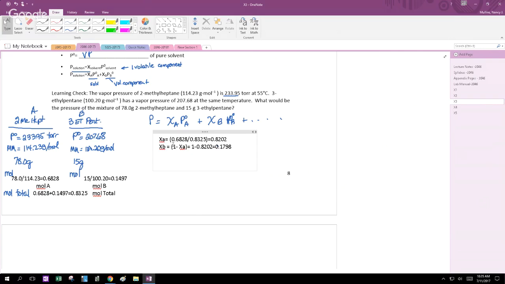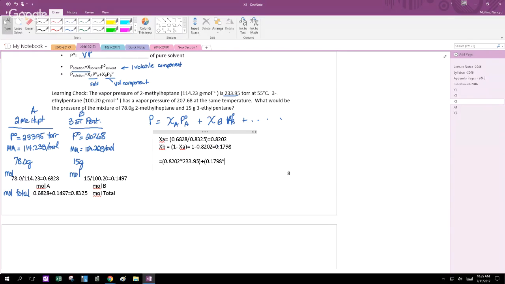Okay. So 0.8202 is my mole fraction times my vapor pressure, which was 233.95 for substance A. The second one, my mole fraction was 0.1798.